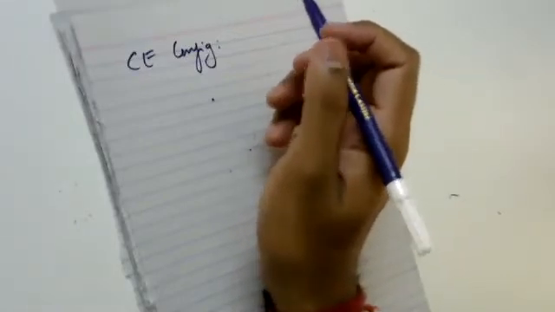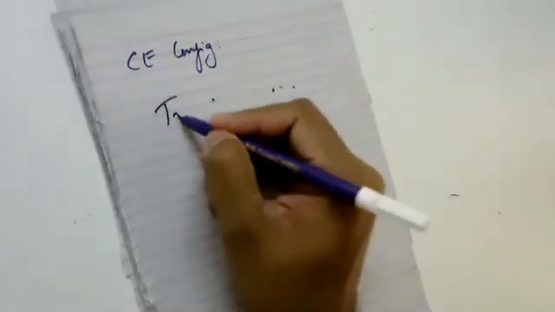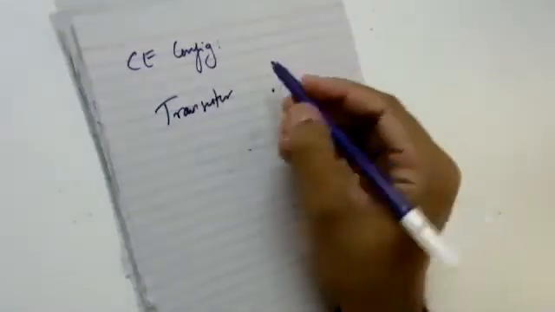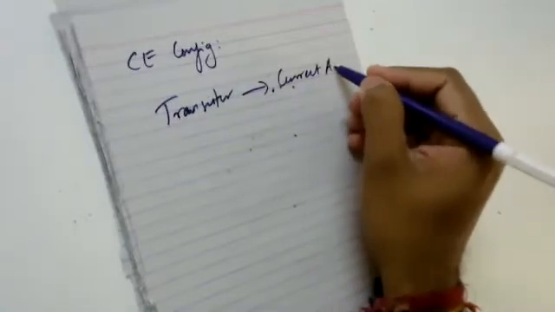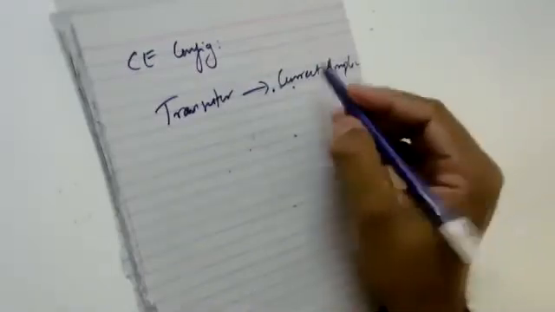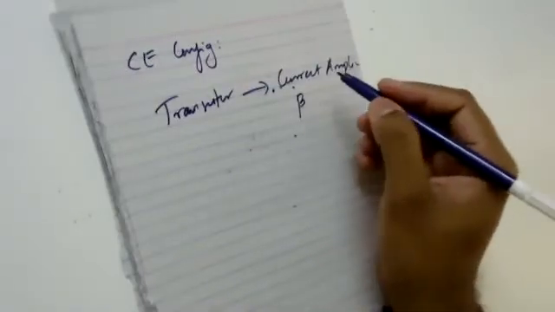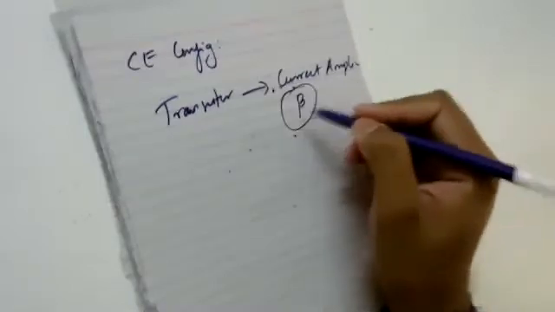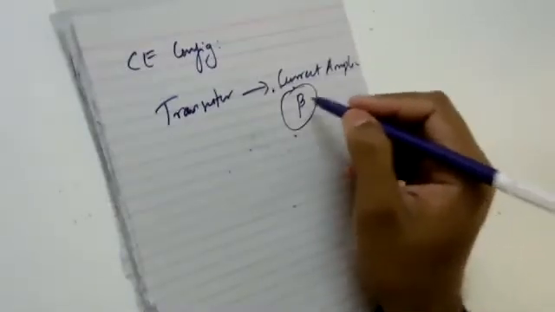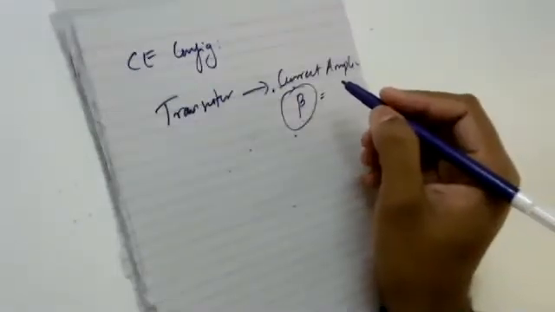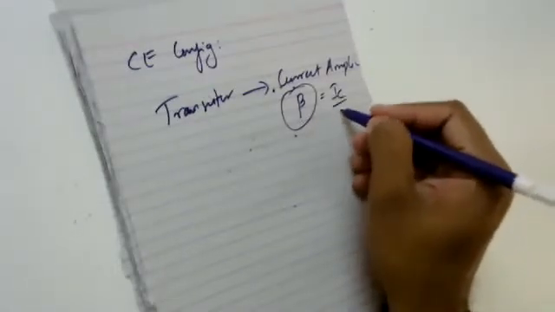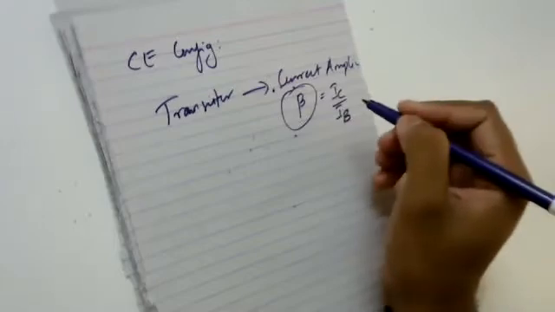Now you are able to see that your transistor is working like a current amplifier with a gain as beta, current amplification gain as beta, where beta is defined as IC divided by IB.